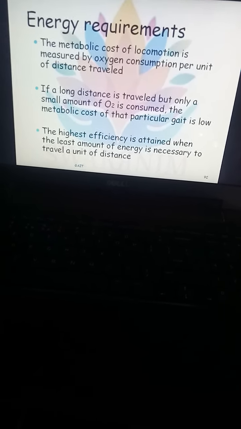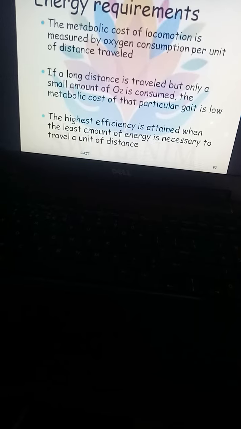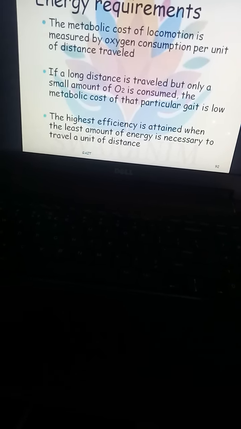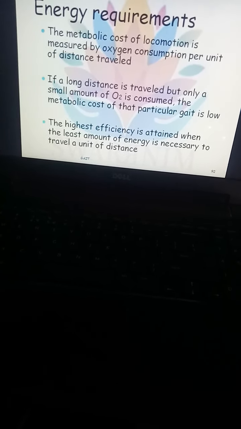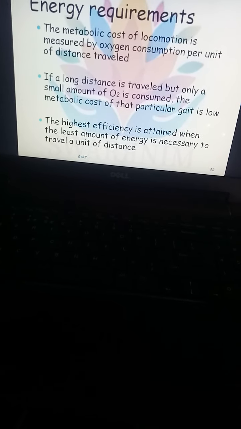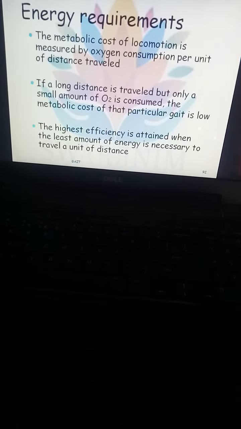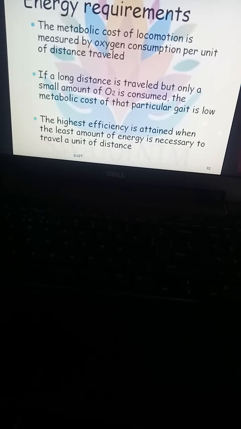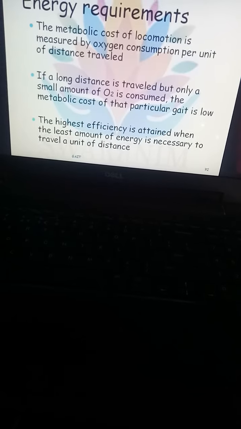Next, the metabolic cost of locomotion is measured by oxygen consumption per unit of distance travelled. Now, if a long distance is travelled but only a small amount of oxygen is consumed, the metabolic cost of that particular gait is low. So if a person walks a long distance and only a small amount of oxygen is consumed, the metabolic cost of that gait should be low.